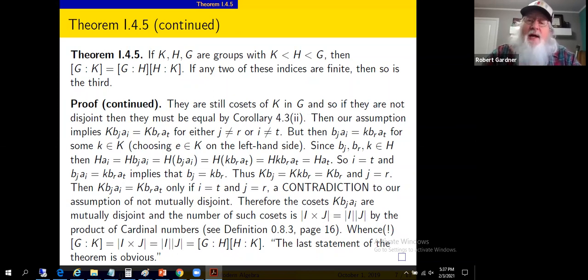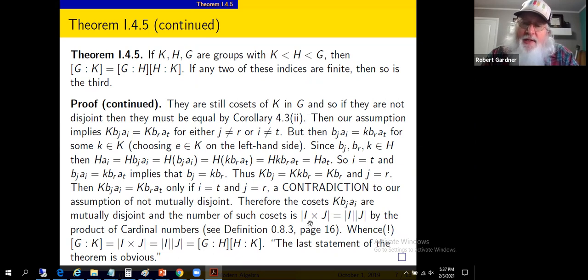What you mean by the cardinality of a Cartesian product is the product of the cardinal numbers. That's actually the definition of a product of cardinal numbers. If everything's finite, it's obvious, but it's not necessarily finite, and it's the definition of product of cardinal numbers that allows us to do this.